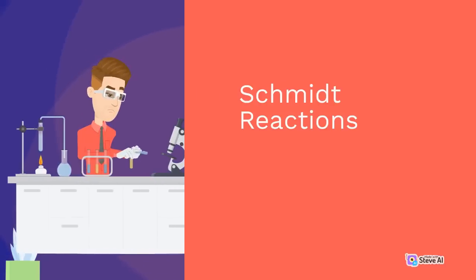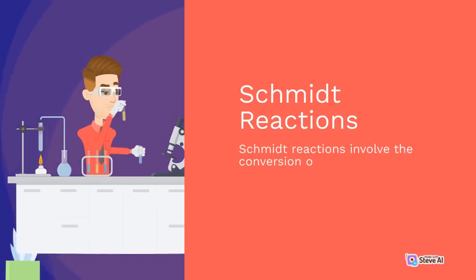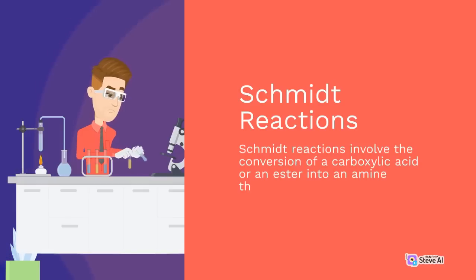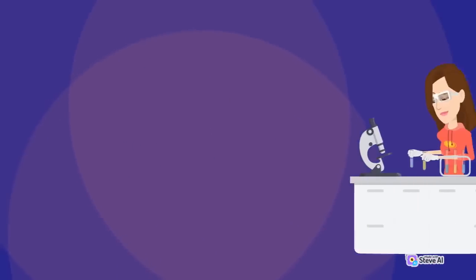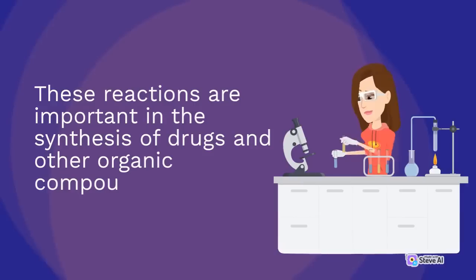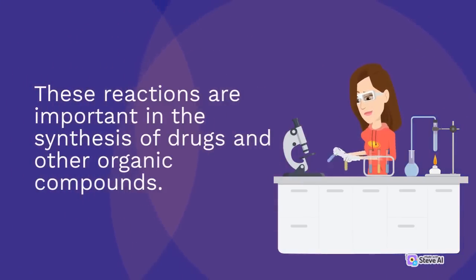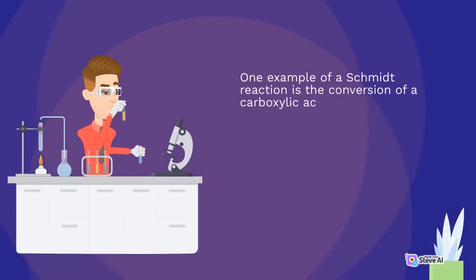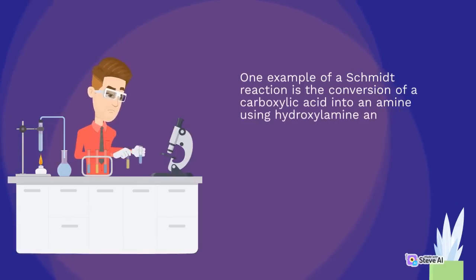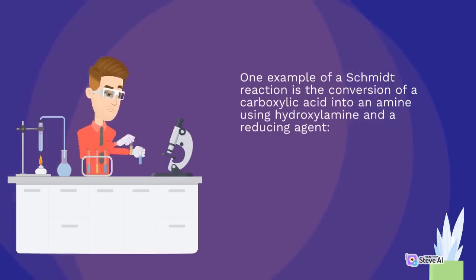Schmidt reactions. Schmidt reactions involve the conversion of a carboxylic acid or an ester into an amine through a series of reactions. These reactions are important in the synthesis of drugs and other organic compounds. One example of a Schmidt reaction is the conversion of a carboxylic acid into an amine using hydroxylamine and a reducing agent.